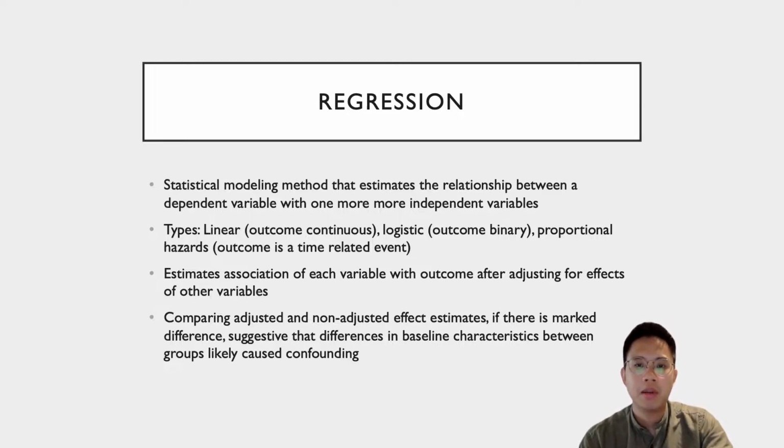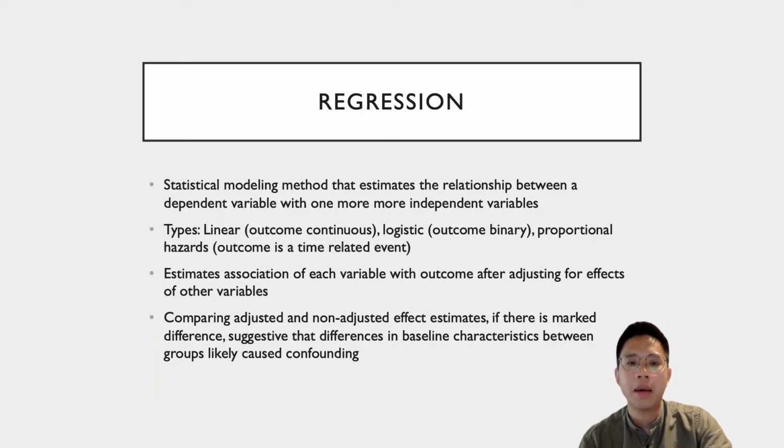Sometimes when regression analysis is used, what you would see in the reported results is non-adjusted effect estimates, which is basically the pre-regression analysis that looks at the respective independent variables with the dependent variable, and an adjusted estimate, which is after these various variables are all plugged into the regression model, showing whether or not that effect estimate still remains.